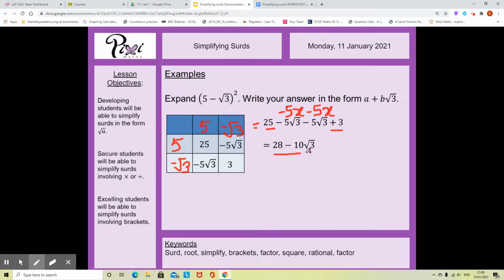And this expression is similar to a plus b square root 3, where the value of a is 28 and the value of b is minus 10. I've calculated it by comparing the two expressions.